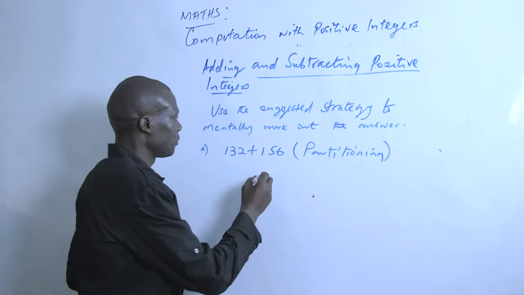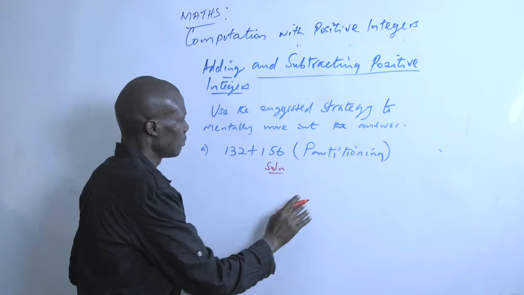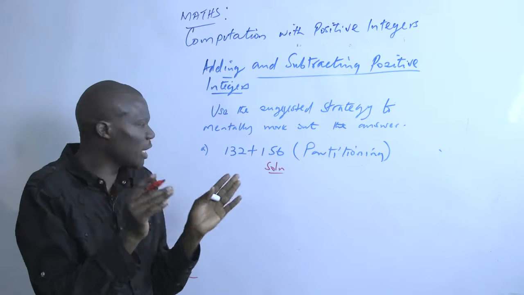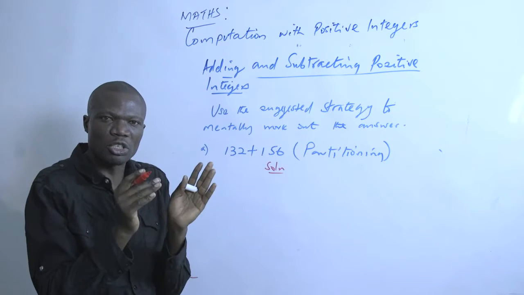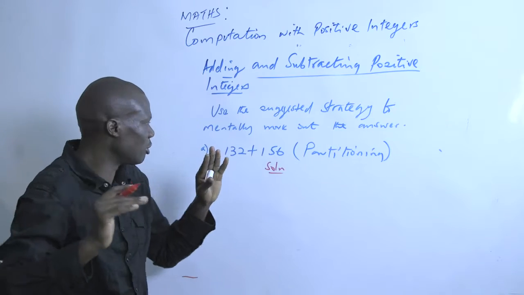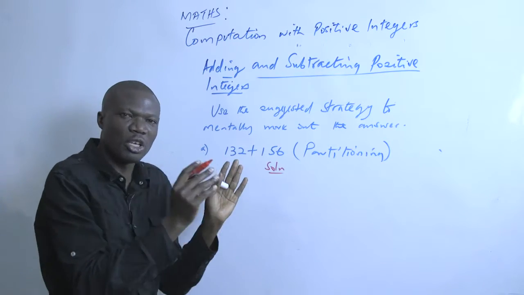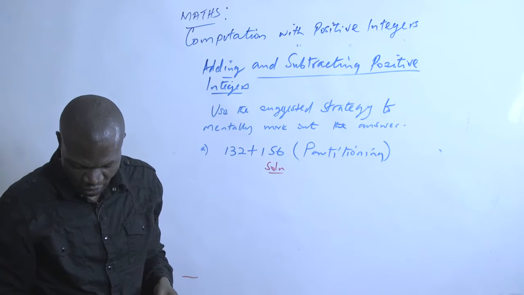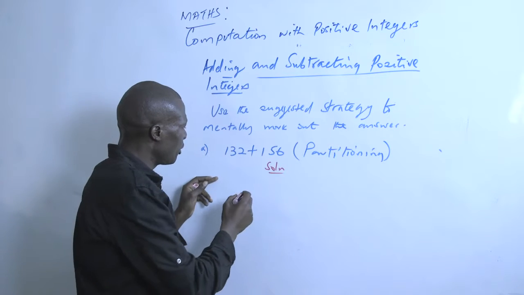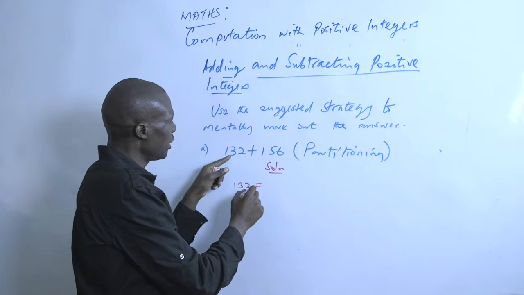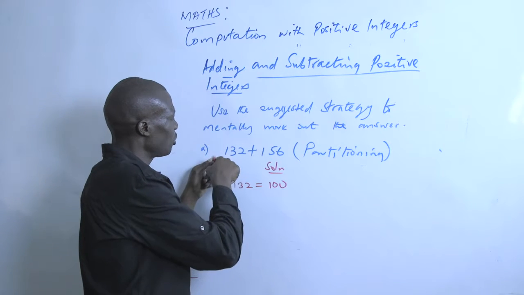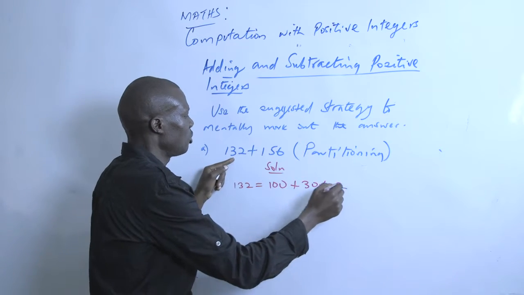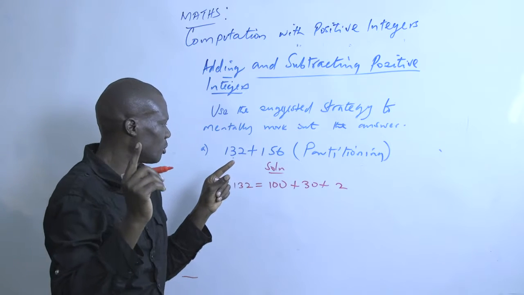Solution. So as we said earlier on, partitioning involves breaking this into positions or groups of the same value. So in this case, we have to group together the ones for hundreds, the ones for tens, the ones for ones. So you'll find that taking 132, if we break this, it is 100, that is the position of 1, plus 30, that is the position of 3, and plus 2, that's the position of 2.